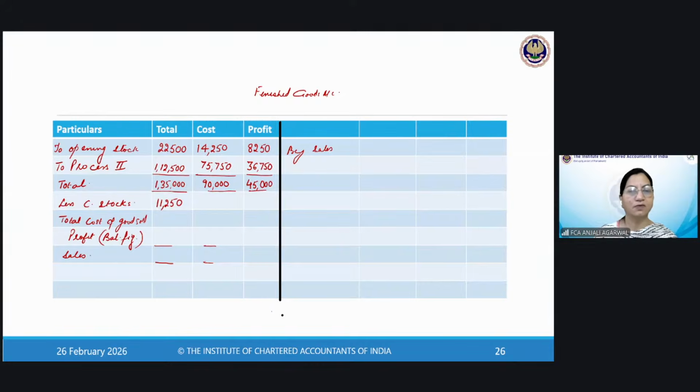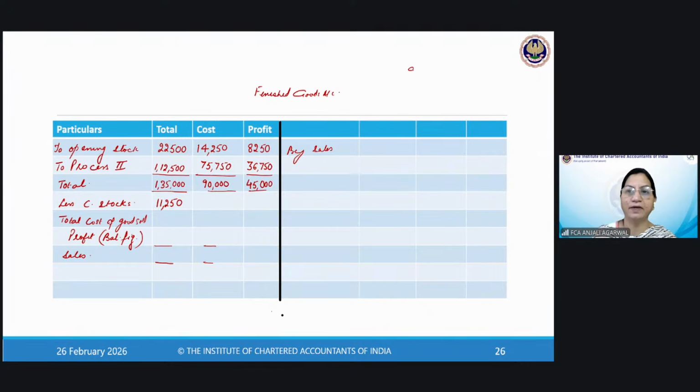Just quickly, I can see that the relation of this total in cost and profit is 2:1. So 1,35,000 into 2 by 3 is 90, and 135 into 1 by 3 is 45. Or you can see two parts, 66.67%.